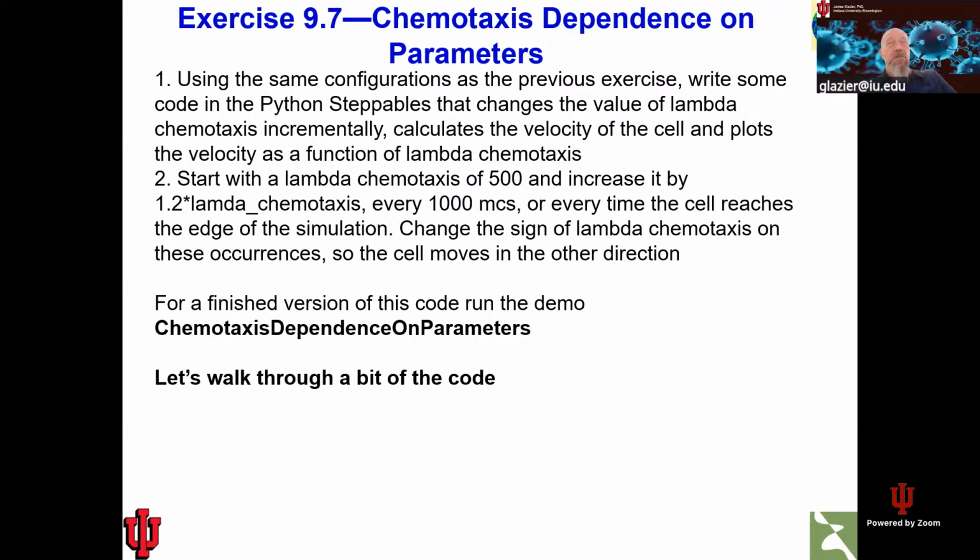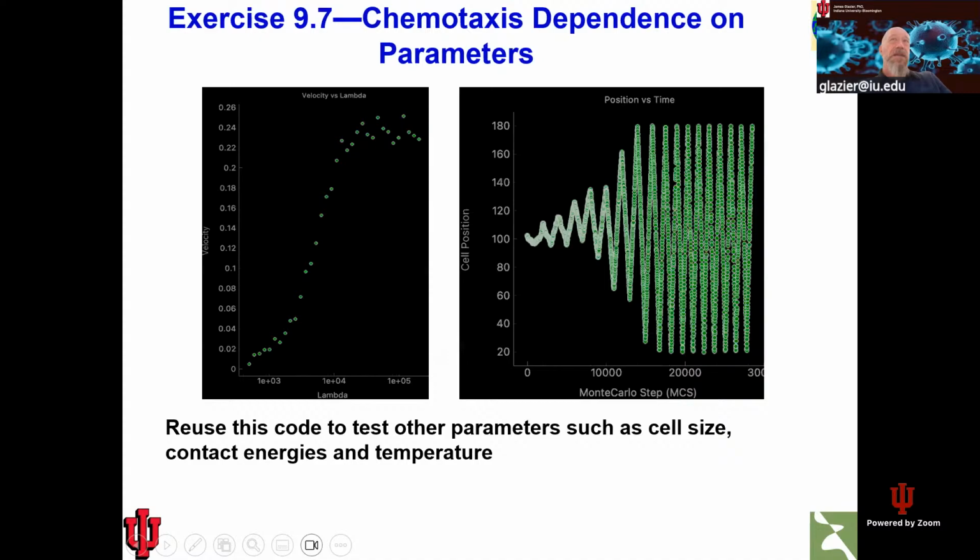So I wrote a little simulation where, when the cell gets close to the end of the lattice, it flips the sign of the lambda chemo. So it crawls up the gradient, gets close to the edge, then crawls down the gradient, gets close to the edge, crawls back up, and so on. If you look at the student materials in lecture 9, chemotaxis dependence on parameters, I wrote a simulation that does that.